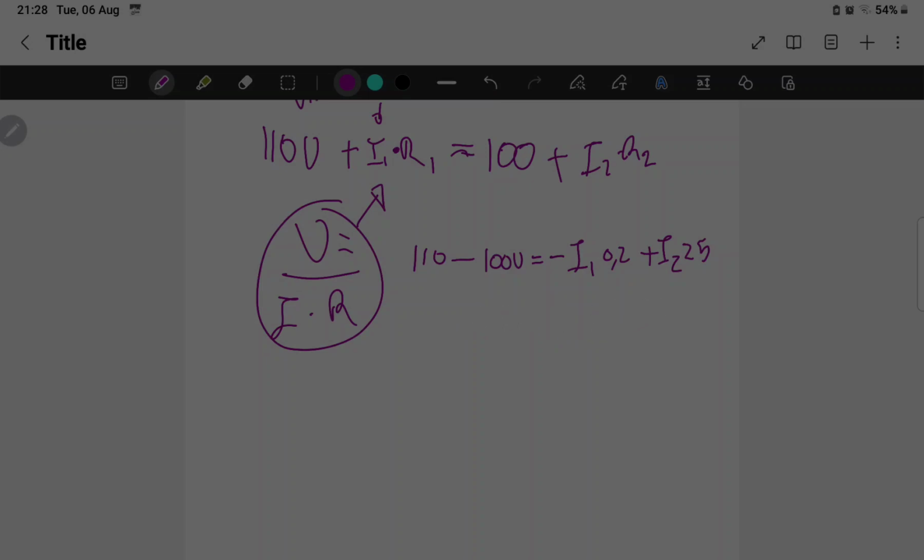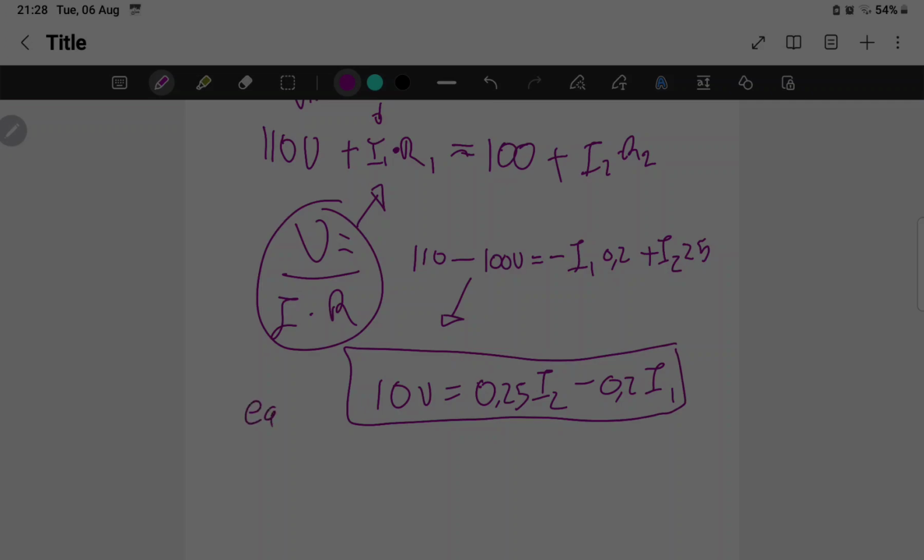Let me write it a little bit bigger for you guys. Mathematically, 10 volts is equal to current times resistor, so 0.25 I2 minus 0.2 I1. This now is our equation number 1.